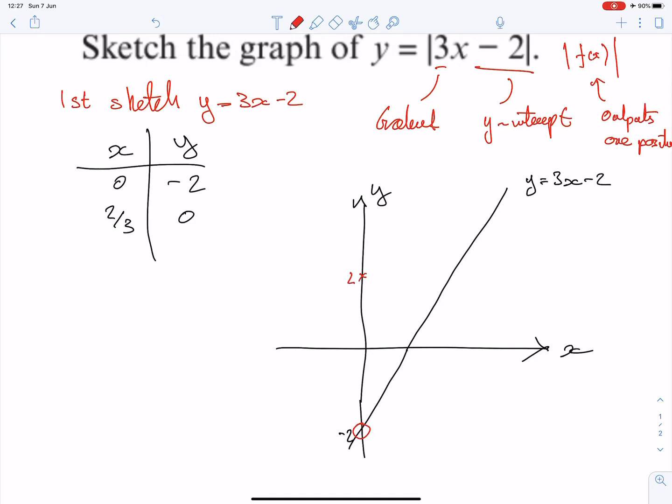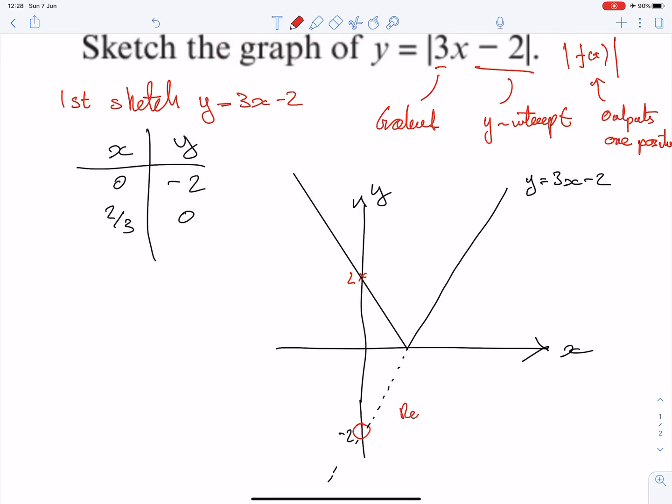So this whole section of the line here is going to get reflected. For that reason, when I do it, I tend to draw this part in. Anything that goes below the x-axis, I draw in as a dashed line, and then I reflect. So I've got a reflection of the negative part of the graph.